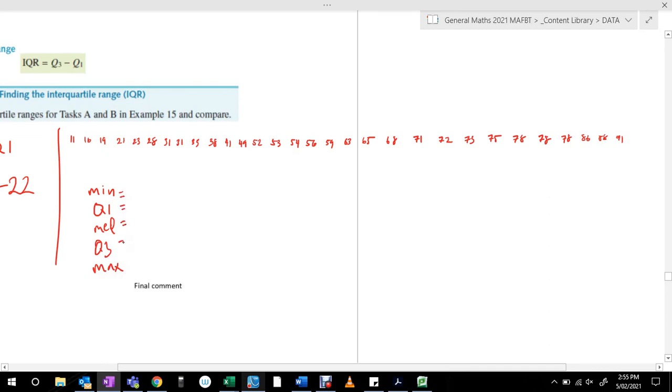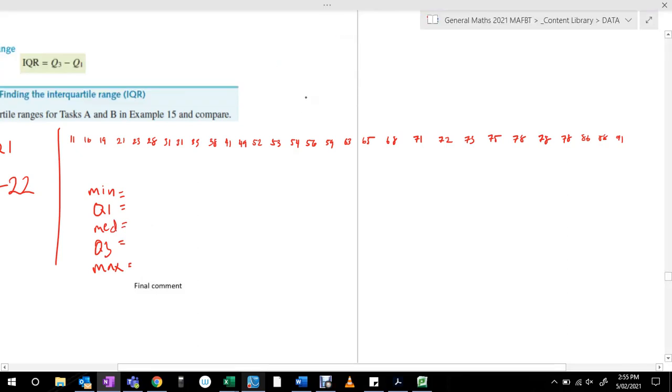So you're going to figure out all of this. And again, you will never have to do this by hand with this many numbers because it's really annoying.